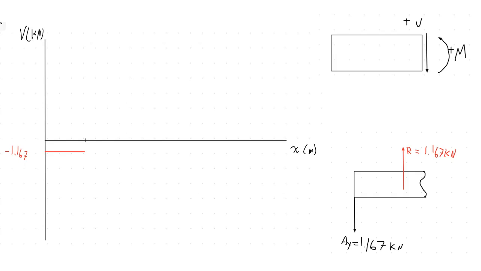What I'm trying to show is that we are only taking a section of the beam before that first 8 kilonewton load. And we see our only load on it is Ay, pulling down by 1.167 kilonewtons. And so in order to remain static, the reaction that's internal in the beam is 1.167 kilonewtons going up.